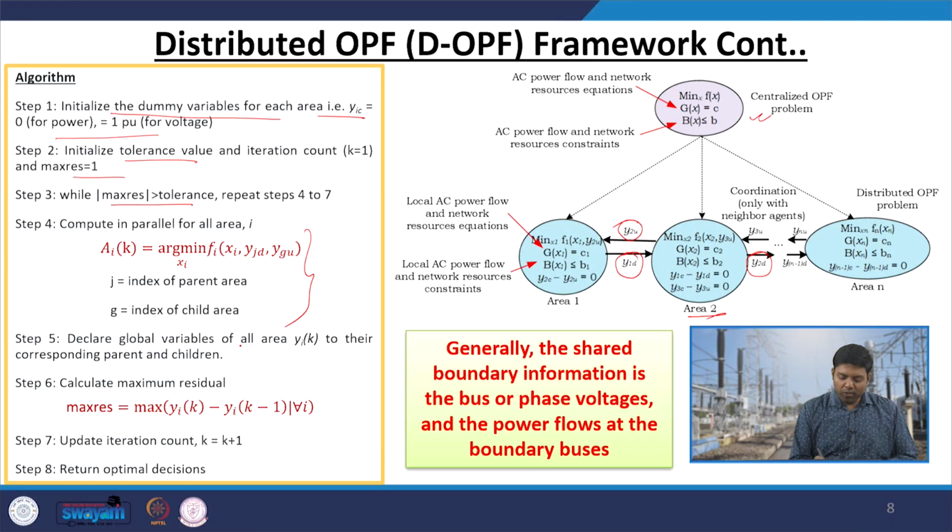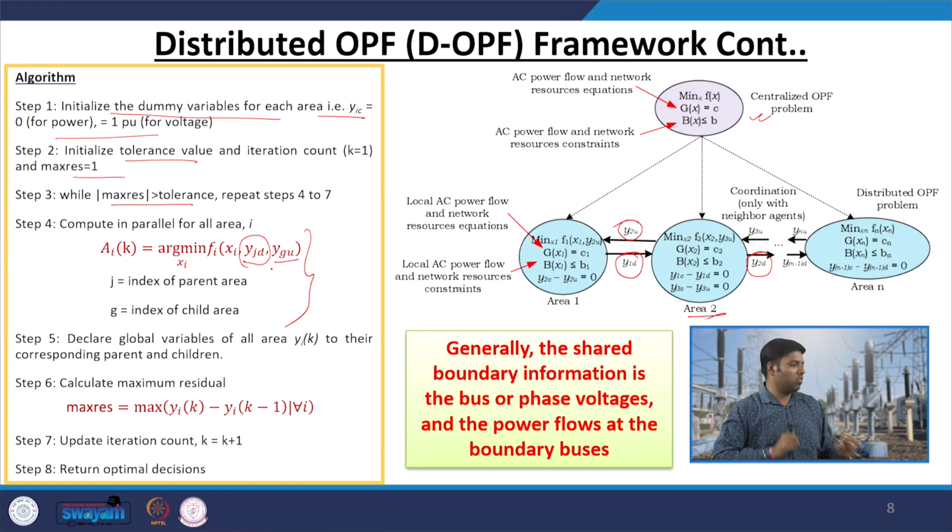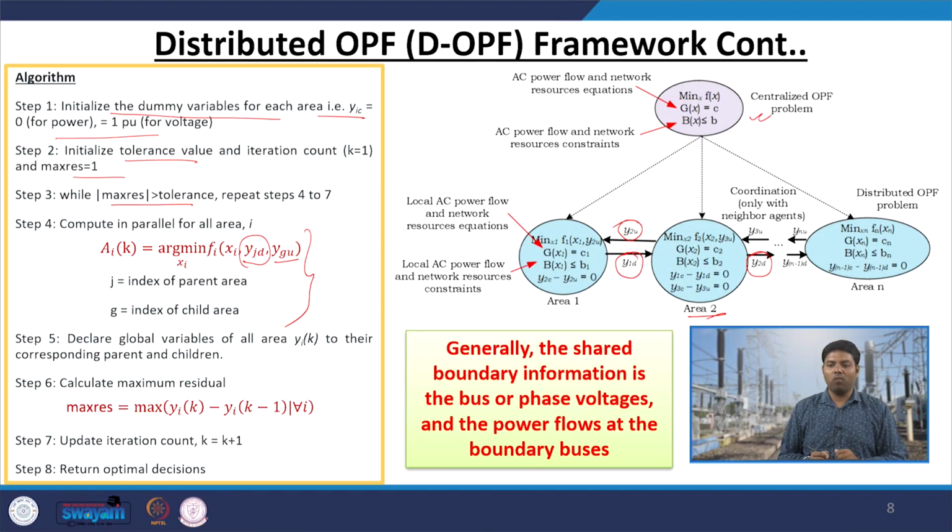At step 4 you will solve your local optimization problem after getting the data from the parent and the child area of yours. You are sitting at area 2, you will take data from area 3 as well as area 1. That means you are getting data from your parent area as well as from your child area, both the voltage and the power.